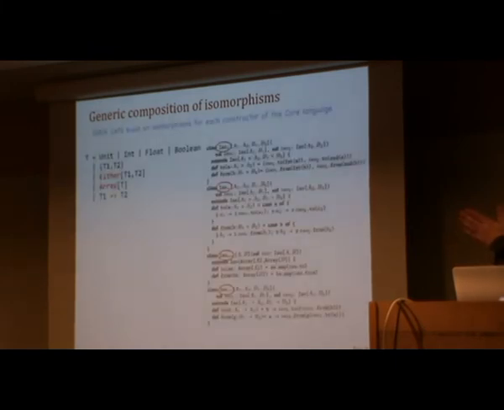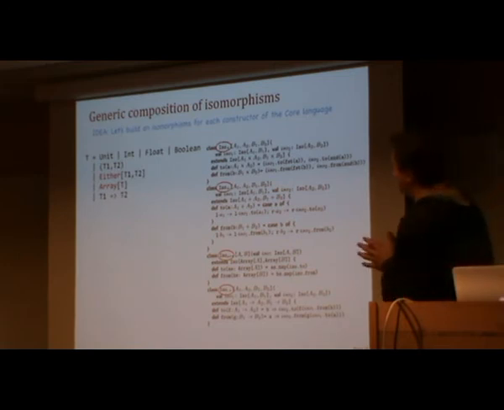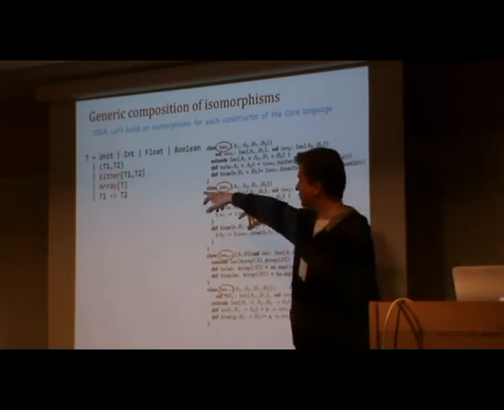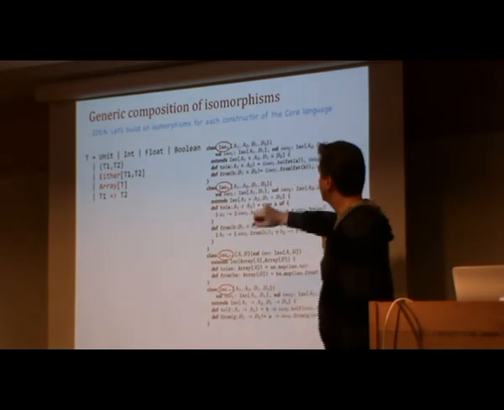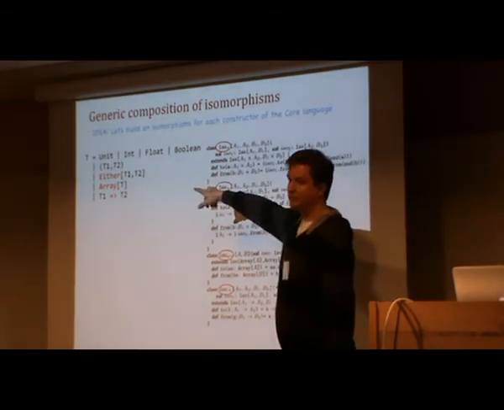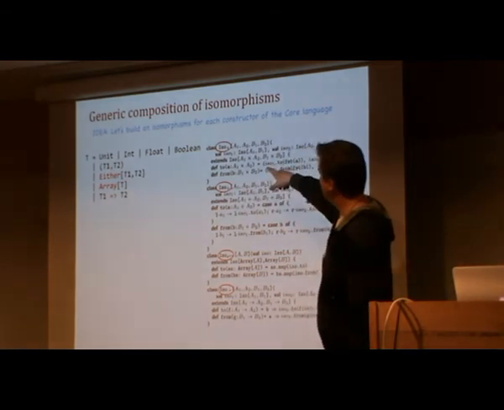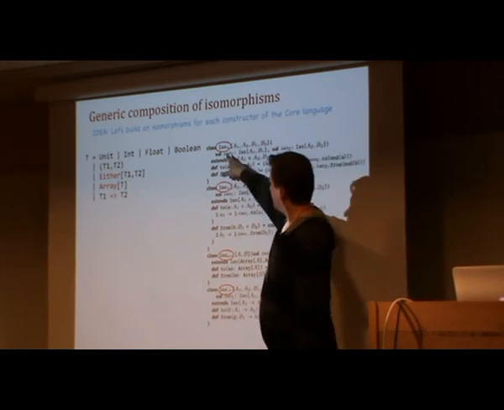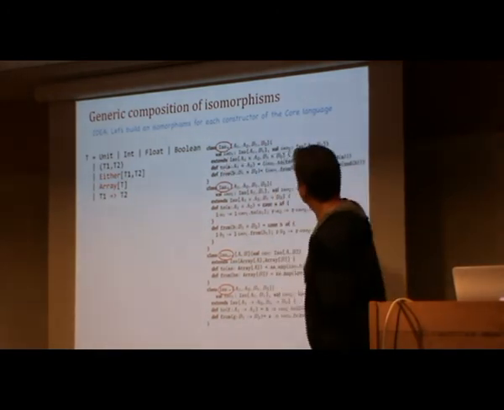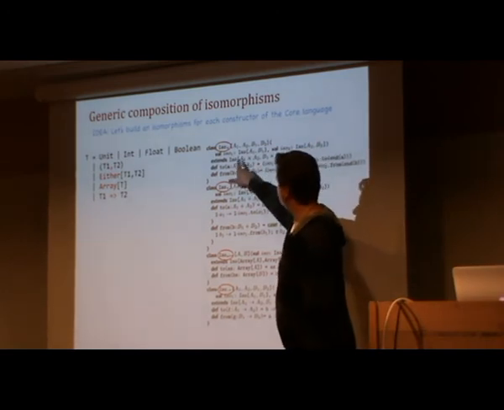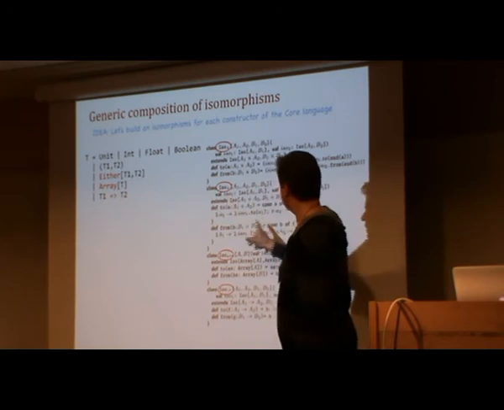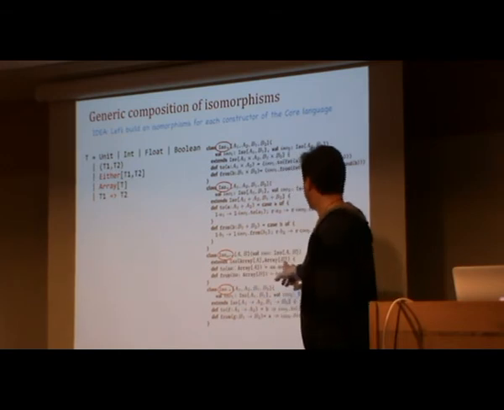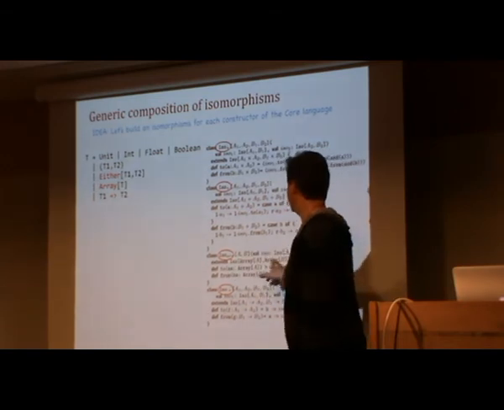So how are isomorphisms constructed, and why are they first class values? It's because if we have a family of types in a core language, then for each constructor of the core language, we can produce a composition of isomorphisms in a generic way. So we have iso product, which is an isomorphism between products, and iso plus, which is an isomorphism between coproducts, and also one for arrays, which is an isomorphism between arrays.